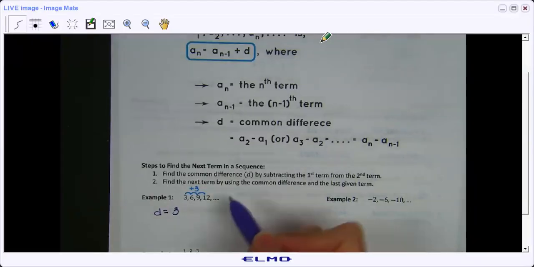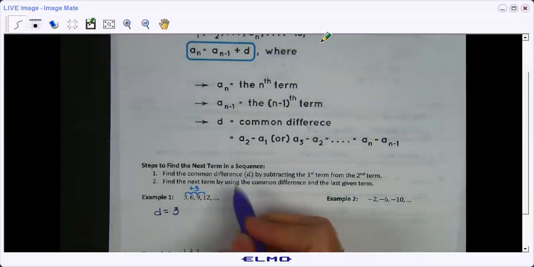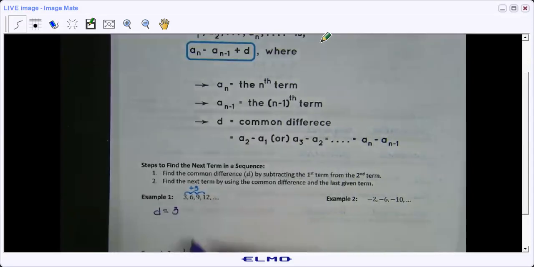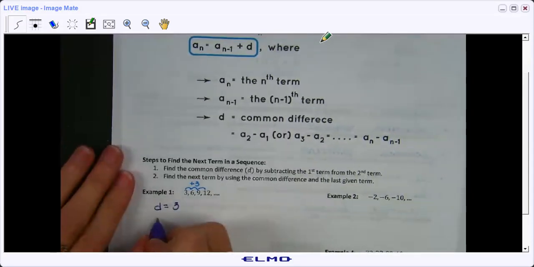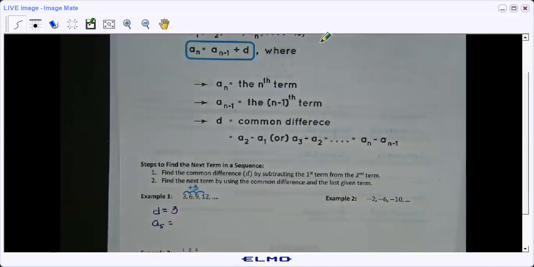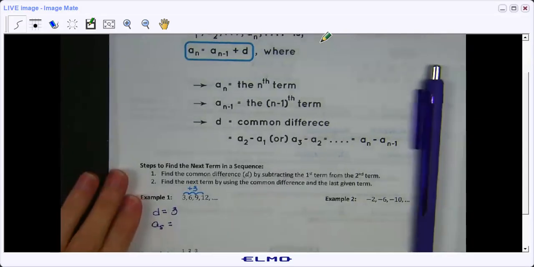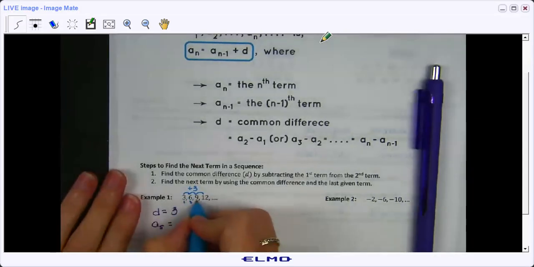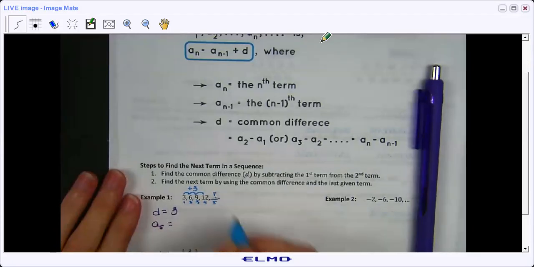Now, the next term in the sequence, because we're trying to find the next term, is represented by a with a subscript of 5. So that is the term that we're looking for. This is term 1, 2, 3, 4, so we're looking for the 5th term right here.